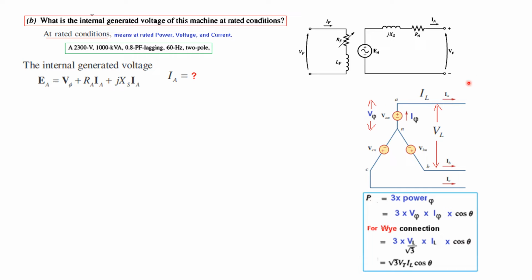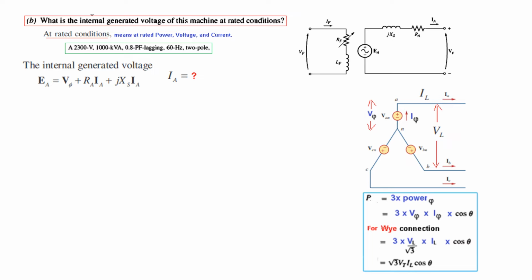Keep this in mind. I'm just repeating it to clarify our concepts. A couple of things for the Y connection. The phase voltage is not the same as the line voltage; they are different, but the phase current is the same as the line current.